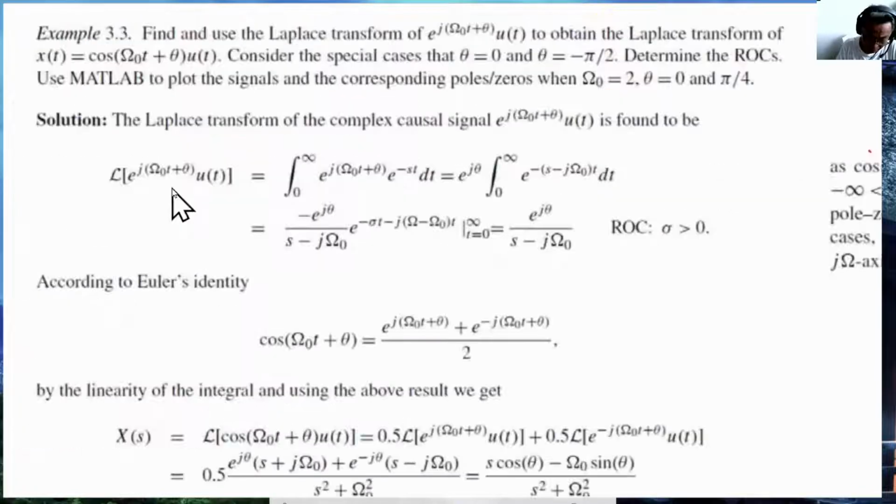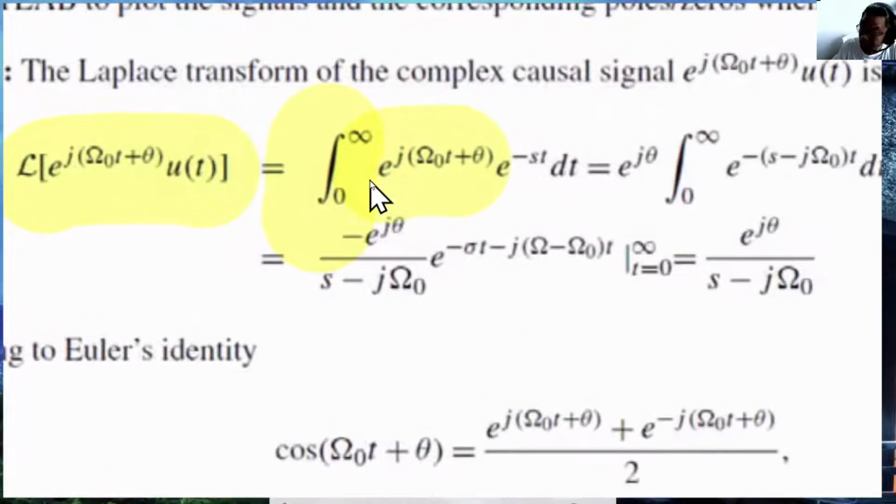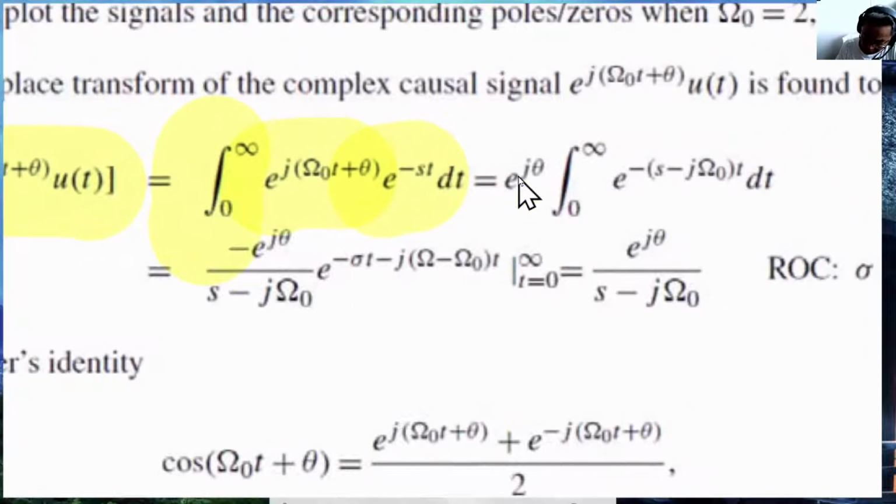Let's begin. Because the signal is causal, we are going to use the unilateral Laplace transform. We plug in the signal e^(j omega naught t + theta) into the Laplace transform equation. We now will extract out e^(j theta) because e^(j theta) is a constant not related to the integration of t.